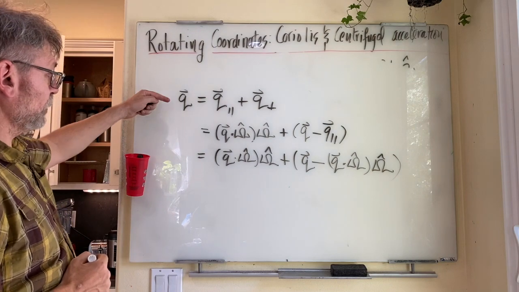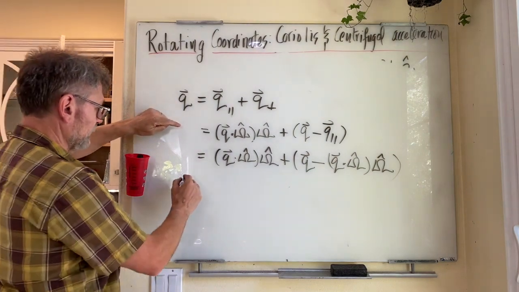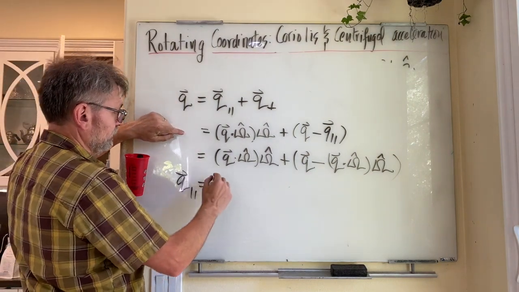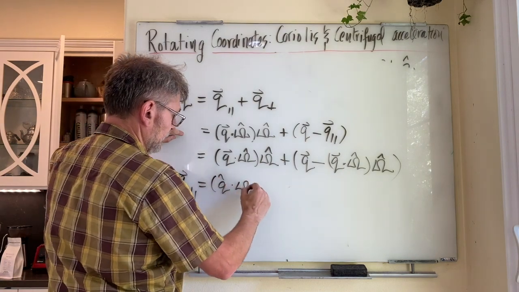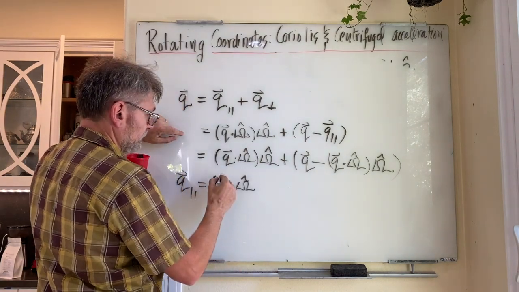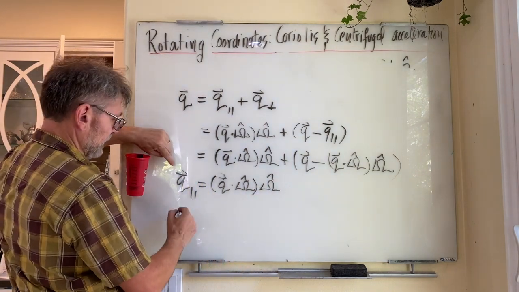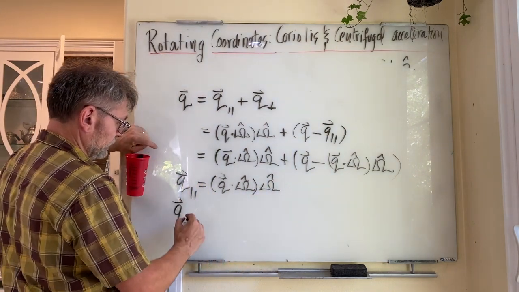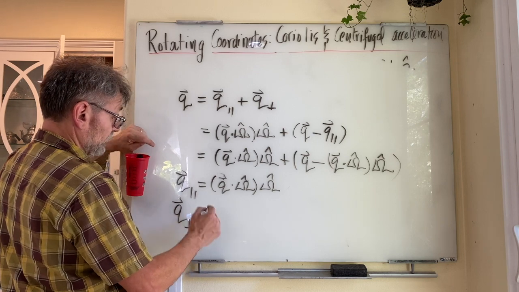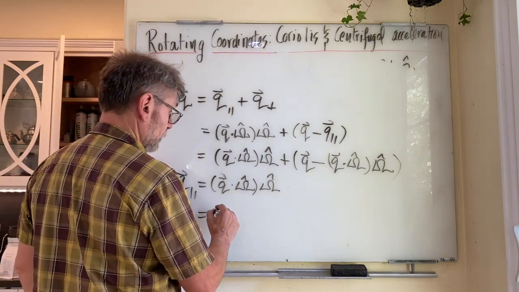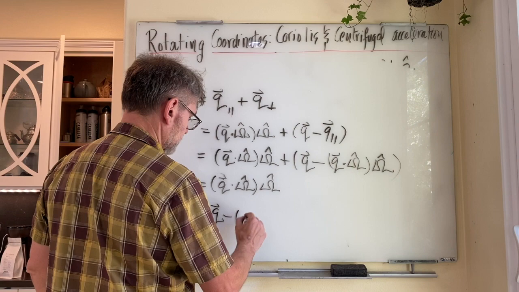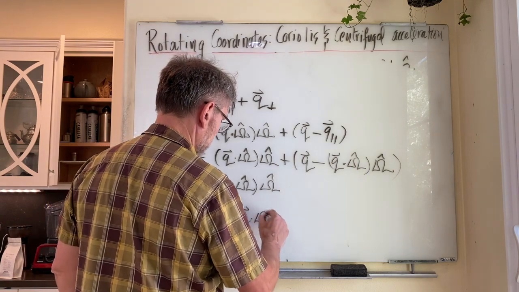All right, so I've decomposed q into q parallel, write it out again, which is q vector dotted with omega hat times omega hat. This is the part parallel to the spin axis, and one which is perpendicular to that, which is equal to q minus q dot omega hat times omega hat.